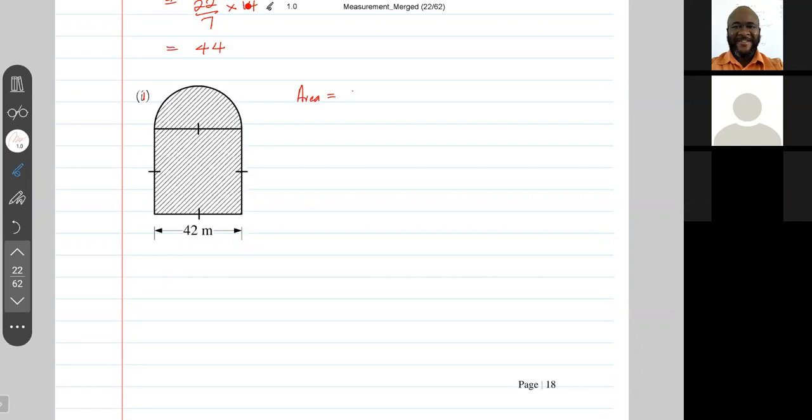would be equal to the area of the square plus the area of the rectangle. So this would be 42 times 42, which would give me the area of the square, plus the area of the semicircle.